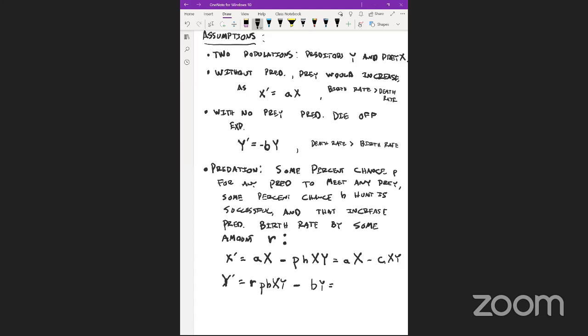We're just going to call all this C2 XY minus BY. There's some relation between C1 and C2, but it's going to make things easier to derive if we just relabel them.